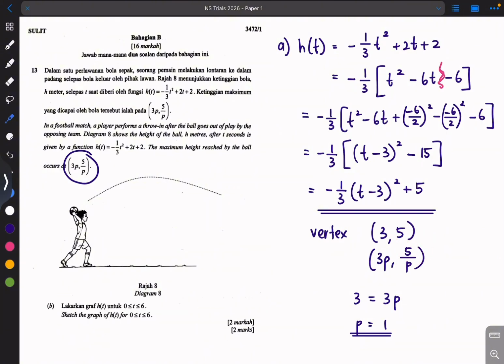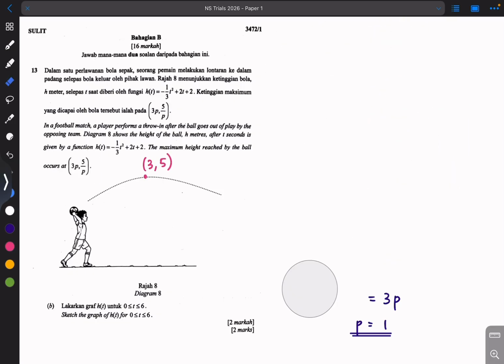Next, B. Sketch the graph of h(t) from 0 to 6. From A, we found the vertex is (3, 5). So this point is (3, 5). Let's erase this first. We need to sketch the graph between 0 and 6.